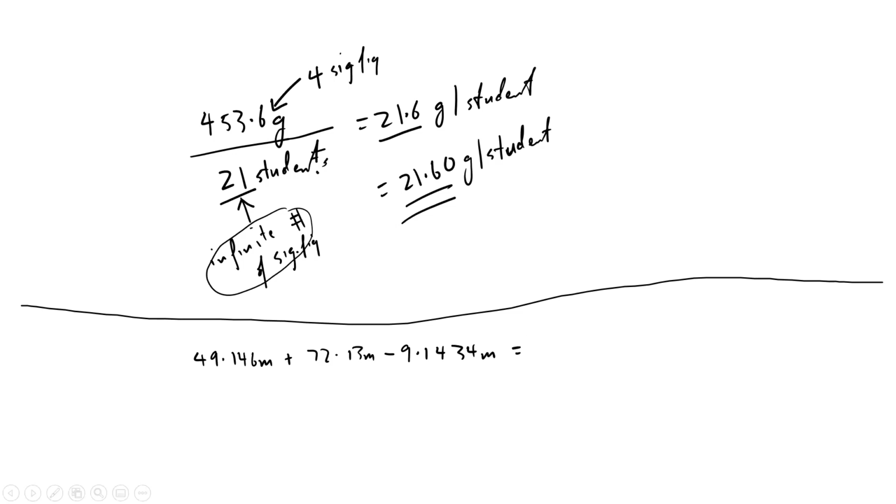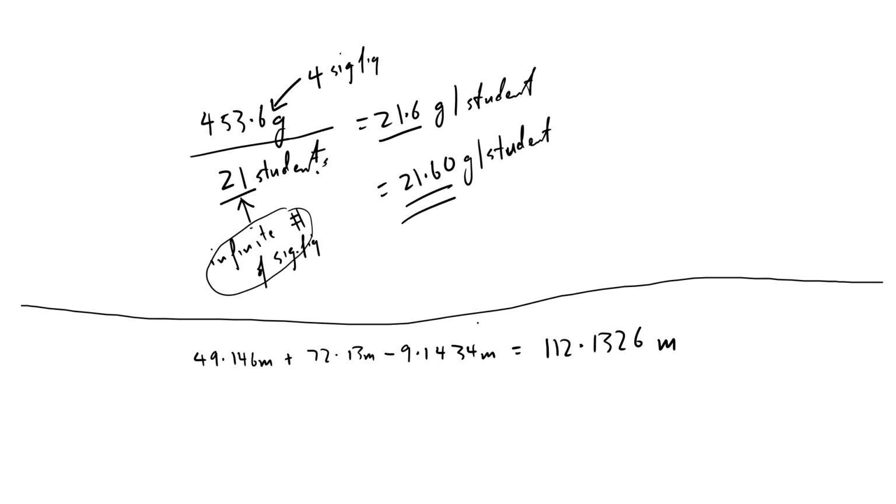So again, you go to your calculator, 49.146 plus 72.13, and then we minus 9.1434. And according to my calculation, on my calculator display, I end up with 112.1326 meters, all right? Now, in this case, we're doing a combination of addition and subtraction, right?